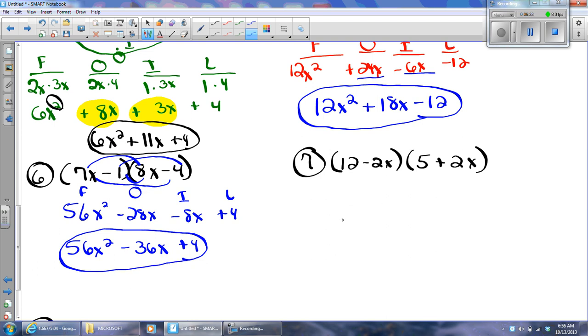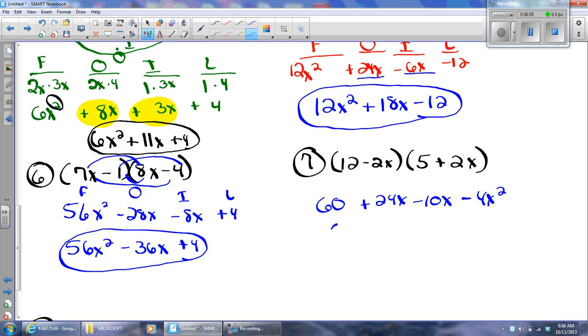All right, number 7. Excuse me. I'm not going to write down the FOIL. I'm just going to do my firsts and get 60. I'm going to do my outers and get a positive 24x. My inners a negative 10x. And my lasts will give me a negative 4x squared.